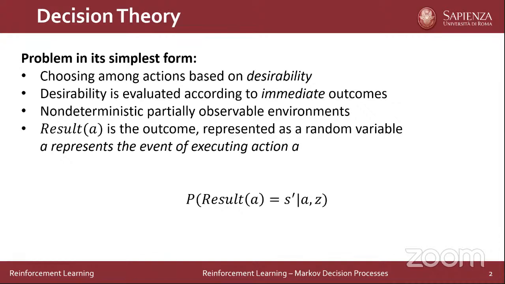But in general, you're trying to maximize the accumulation of these immediate outcomes that you get. So the cumulative reward will be the term that we use for what the agent is collecting.